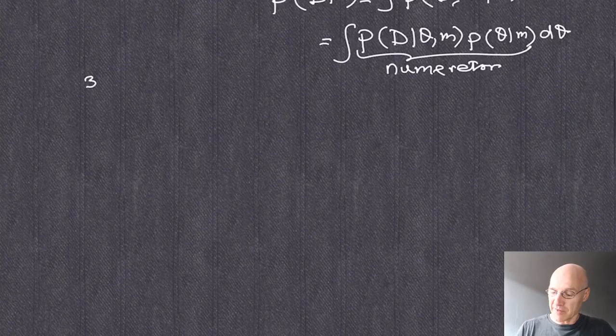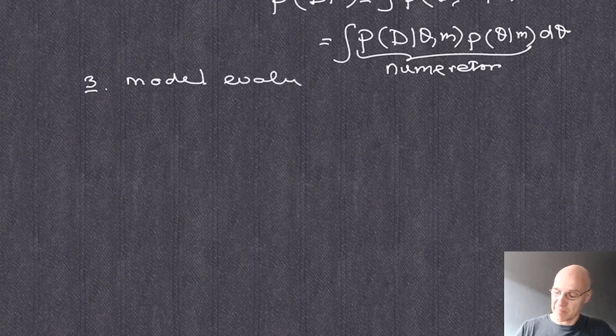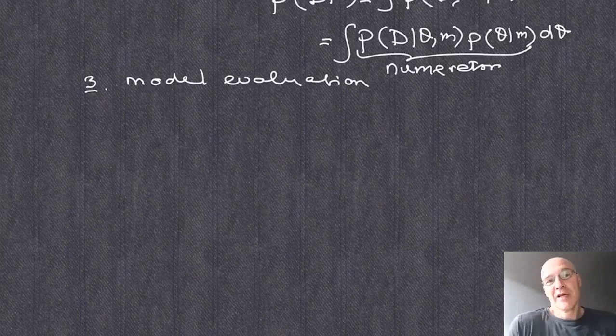Now, once you've done that, you want to know how good is the model. Model evaluation. How good is this model? Because you make these choices for a prior and for a data generating distribution, and how good were your choices?